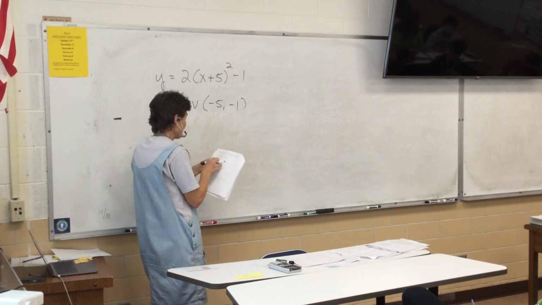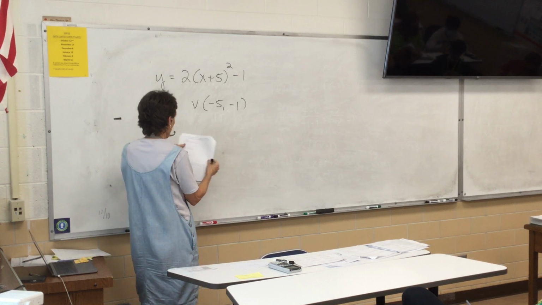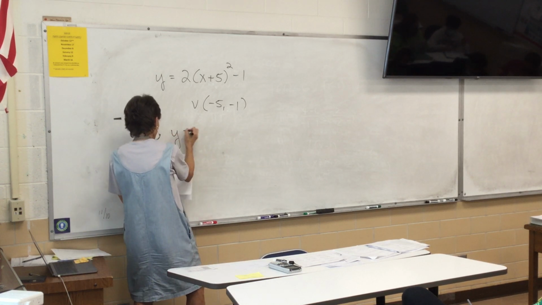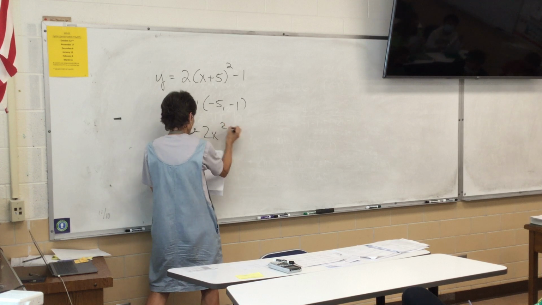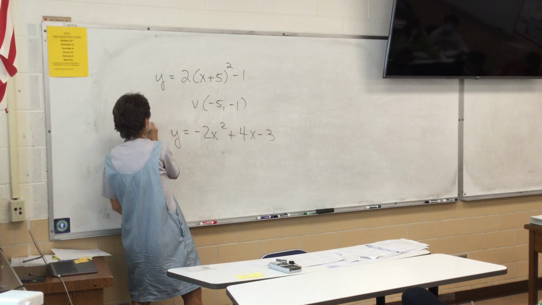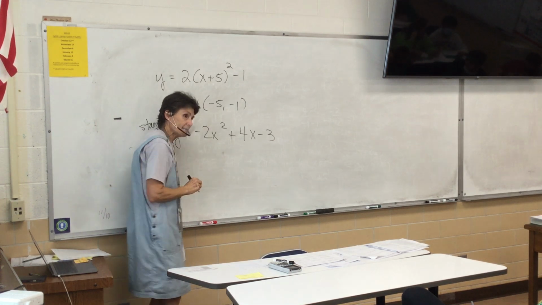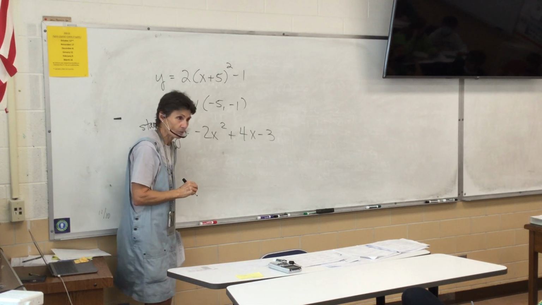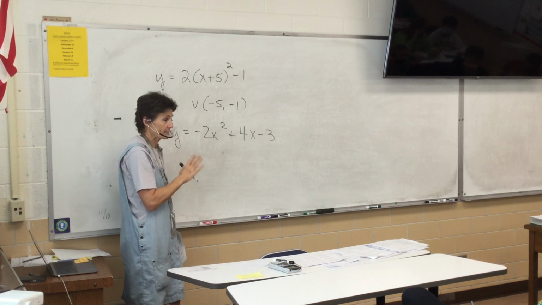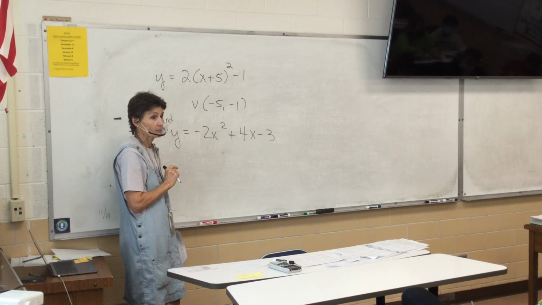Now, for problem number 4, we are on the back of page 21. The equations they give you are in what's called standard form. This is standard form. To find the vertex of an equation in standard form, you have 2 options.